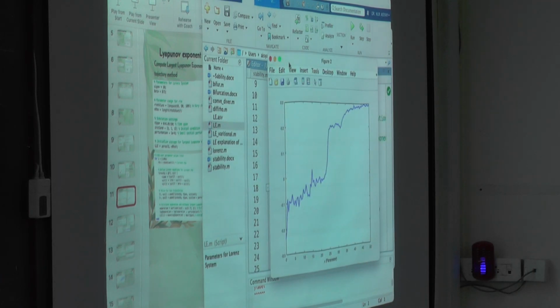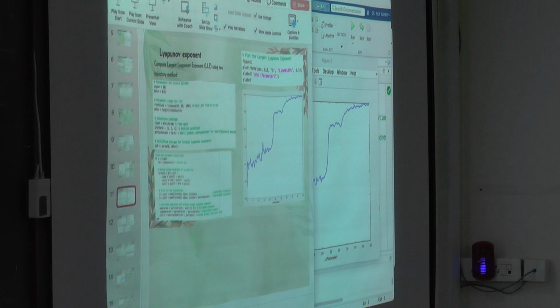So this is the Lyapunov exponent. Okay, let's go line by line actually.